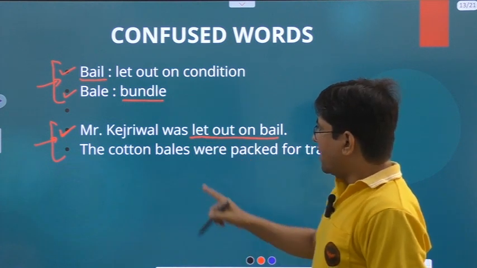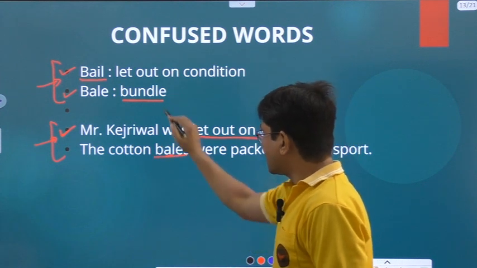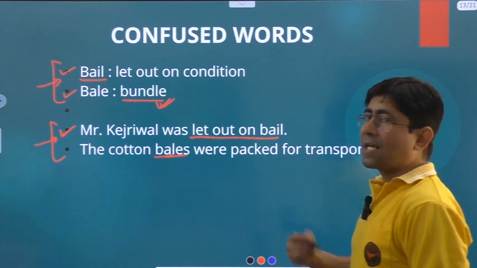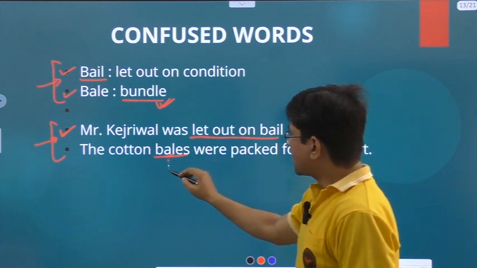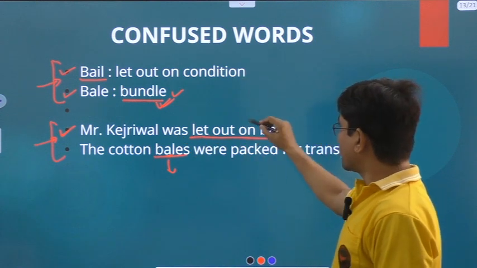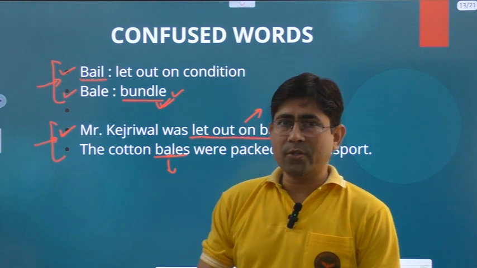Okay, and in my next sentence, the cotton bales, this one, bales, bundles, the cotton bales were packed for transport. So here is the sense of bundle, and in the other sentence the sense of let out on condition, on certain terms and conditions.